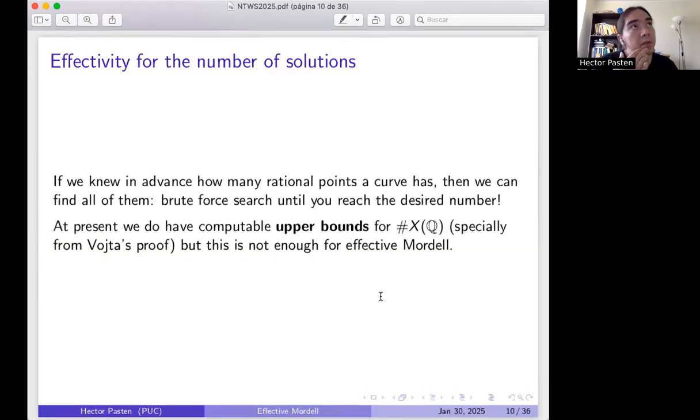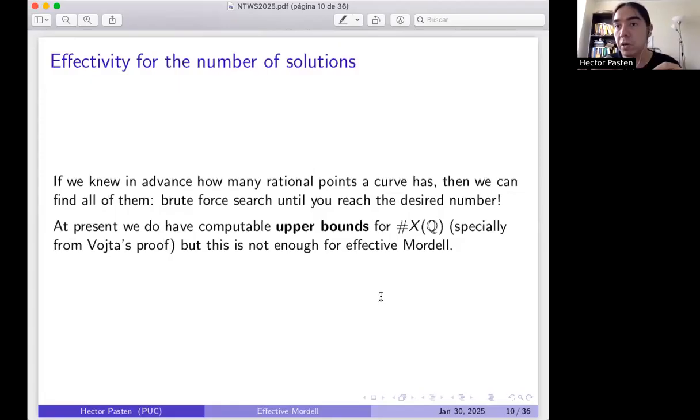Now, there is something else you can ask: effectivity for the number of solutions rather than the complexity of the solutions, the height, just the number. Well, imagine that you have a machine where you enter your equations for the curve, and the machine will output a number, and this number is the number of rational points. It will not give you the rational points, just the number of them. Well, if you have an oracle like this, then actually you can find the rational points.